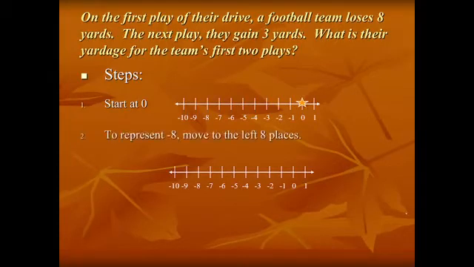Now, step number 2, to represent negative 8, move 8 times to the left because negative means to the left. So, moving 1, 2, 3, 4, 5, 6, 7, 8. So, take note, that's the location of negative 8.